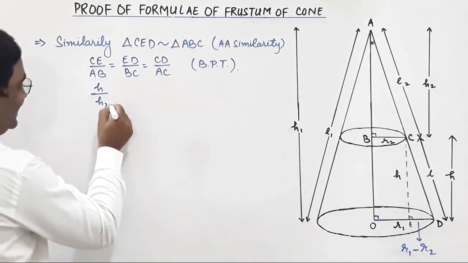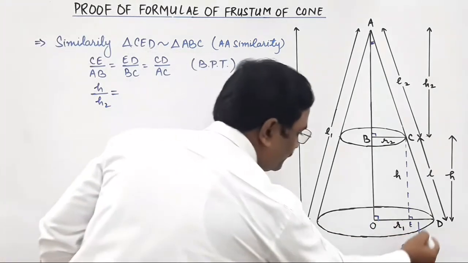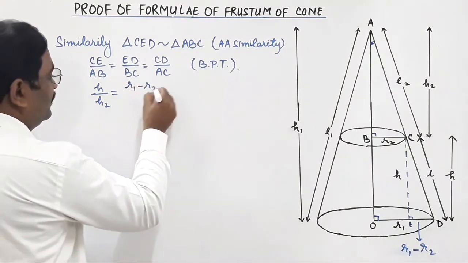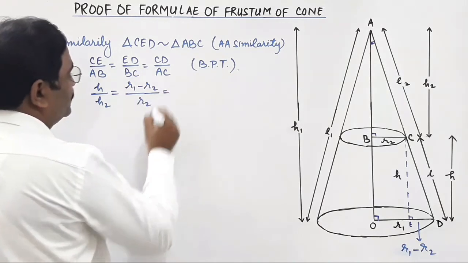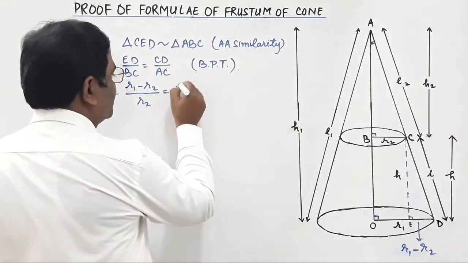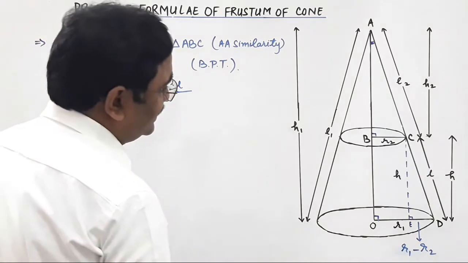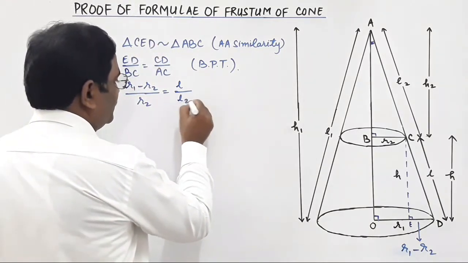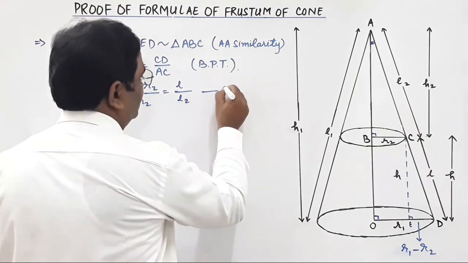So H upon H2 equals ED, this part, which is R1 minus R2, upon BC, which is R2, equals CD, the slant height of the frustum, which is L, upon AC, the slant height of the smaller one, which is L2. See, this is equation number 3.